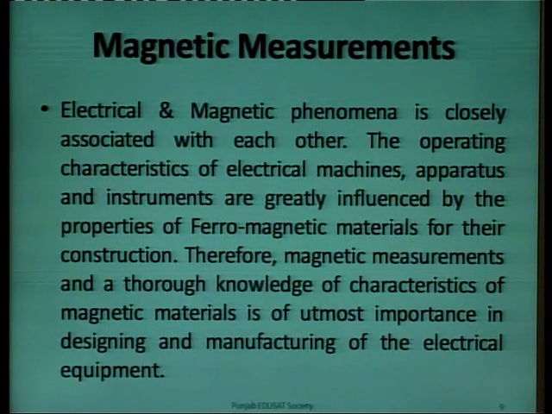Therefore, magnetic measurements and a thorough knowledge of the characteristics of magnetic materials is of utmost importance in designing and manufacturing of electrical equipment. So, the knowledge of the characteristics of magnetic materials is very important while we design any electrical appliance such as machines, apparatus or instruments, etc.